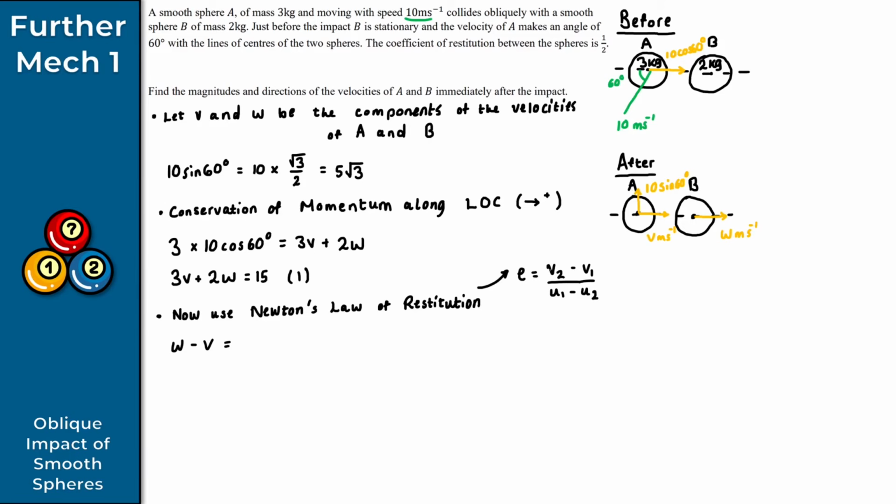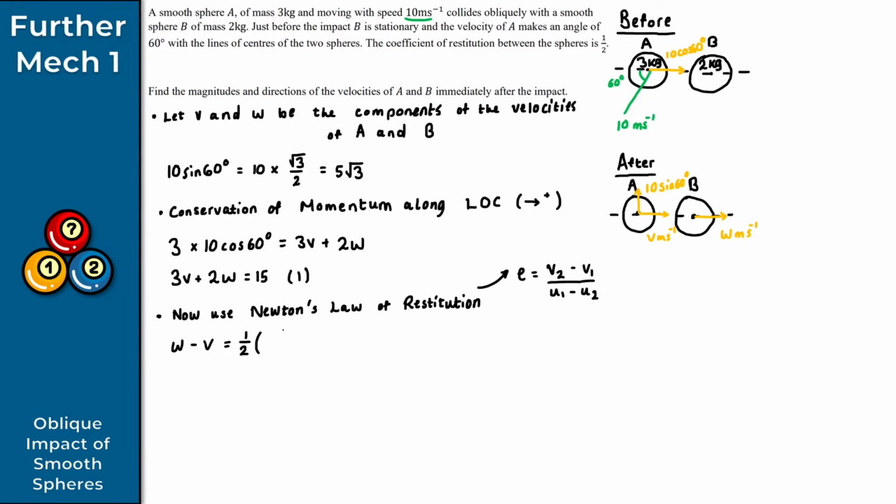So we have E here. So the coefficient of restitution, as we're told in the question here, is 1 over 2. I've got 1 over 2 times by them. U1 minus U2. So U1 here, what is that? So U1 here is going to simply be this component here, right? 10 cos 60 degrees. There is no U2 here because B is stationary, right?